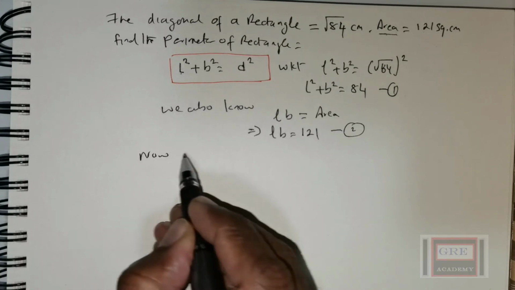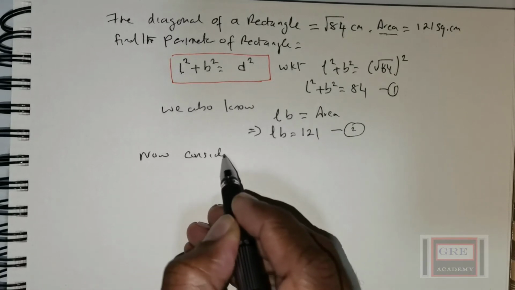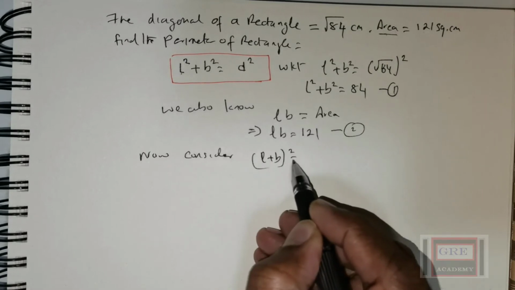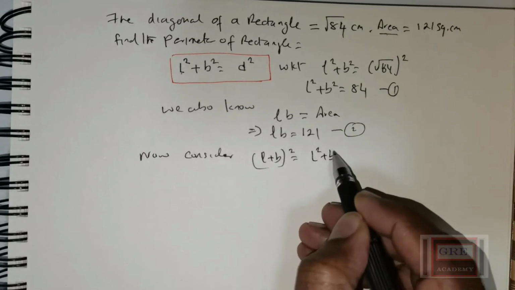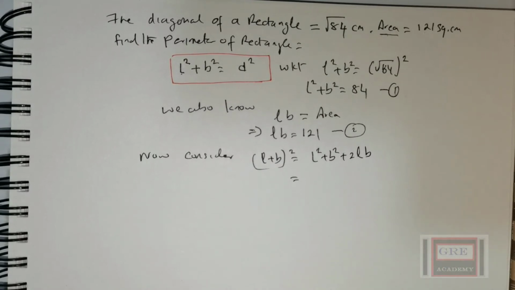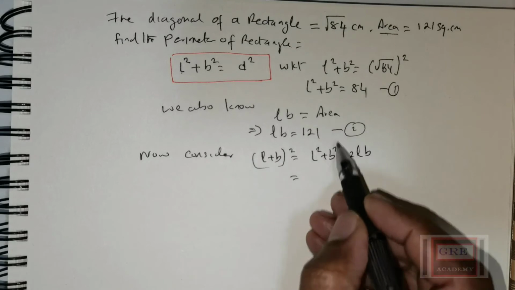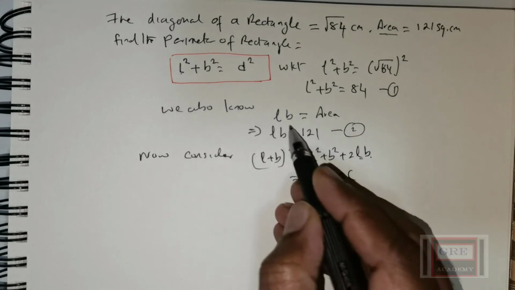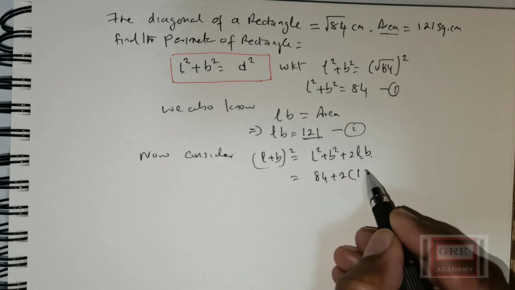Next, we would consider L plus B raised to the power 2. Now what is this? This is L squared plus B squared plus 2 times LB. Now for L squared plus B squared, I'm going to use 84, and in place of LB I'm going to use 121.